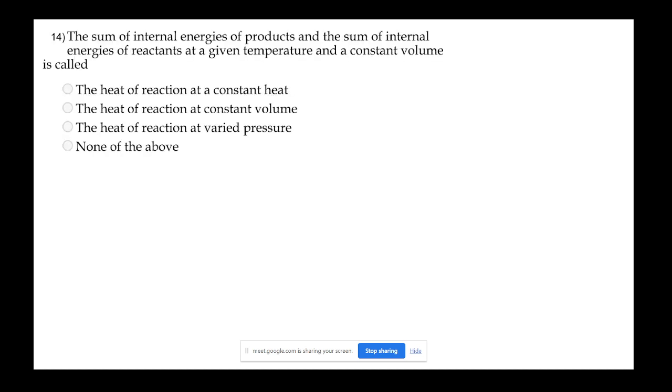So next question is, the sum of internal energies of product and the sum of internal energies of reactant at a given temperature and at constant volume, it will be nothing but, so it has to be stoichiometrically added. Okay, so I am doing delta U product plus delta U reactant.